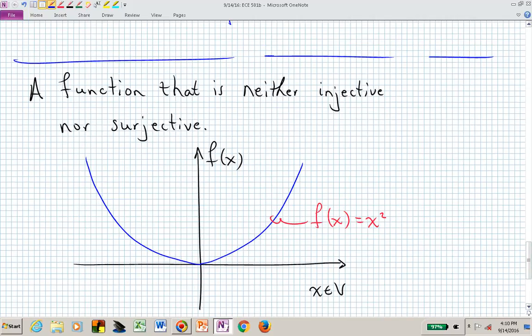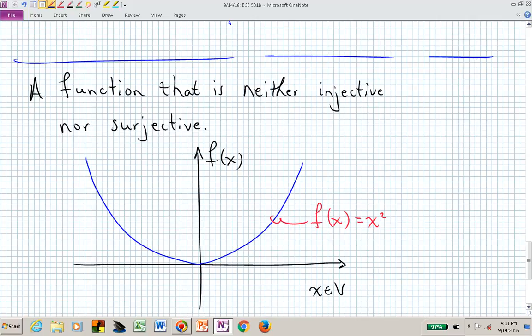Here's an example of a function that is neither injective nor surjective. Remember what those two really mean. Injective means, or what's the test for injective? Injective would be we have a trivial null space, or we can't get to the same location by using different inputs.